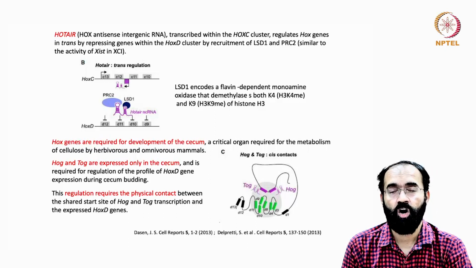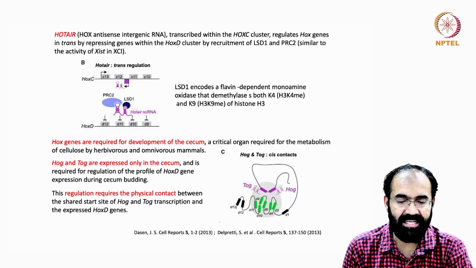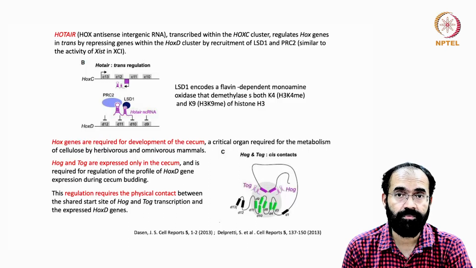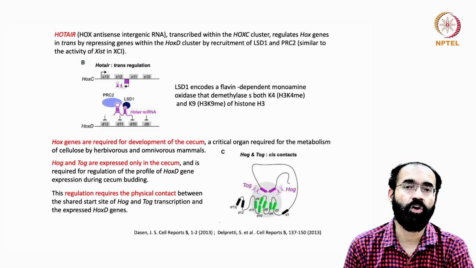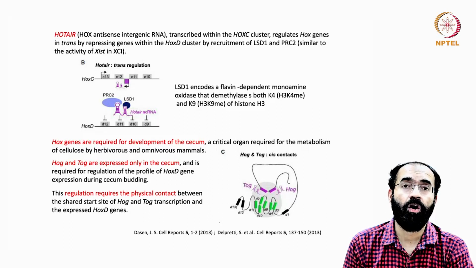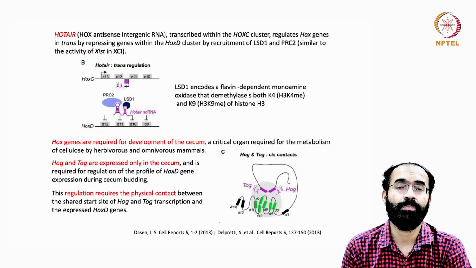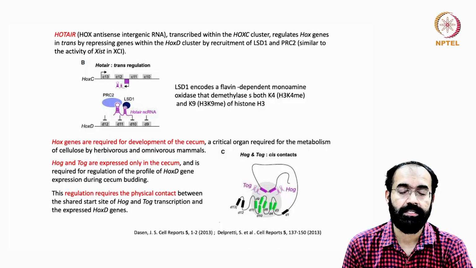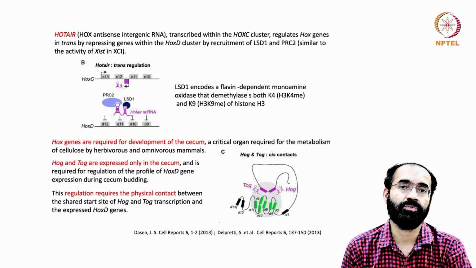So when HOXC has to be expressed in that place, if HOXD is expressed, then that will give a leakiness. Let us assume segment 1 you want HOXC, and segment 1 HOXD also has a potential to express, then segment 1 will have both HOXC as well as HOXD. So this will give a confused identity to the segment.